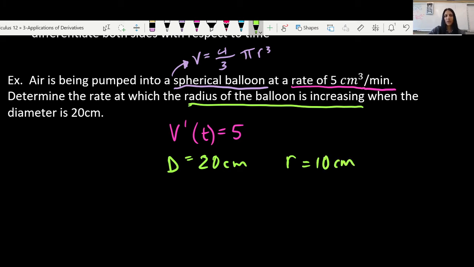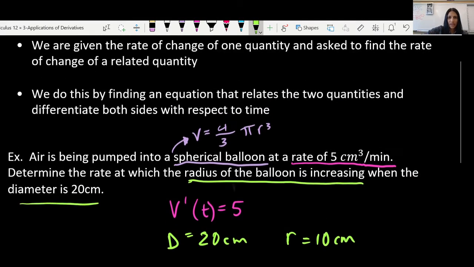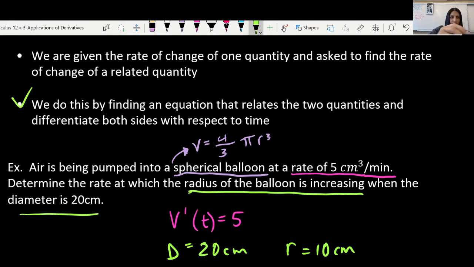So just basically going through and picking out the information that is given to us and organizing it, and then using that to help figure out what it is that we're trying to find here. Okay, so notice that we're dealing with everything with respect to time. It says that right here.